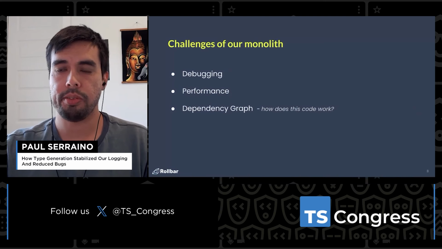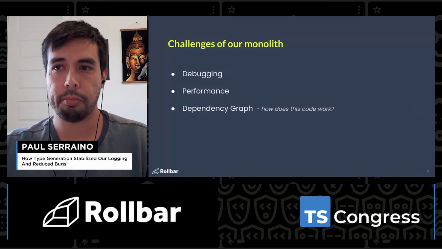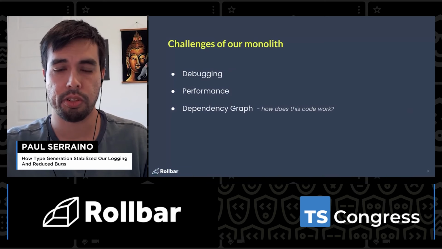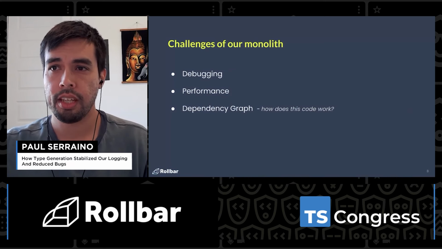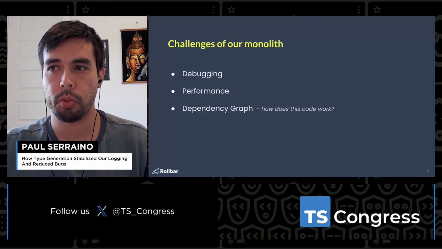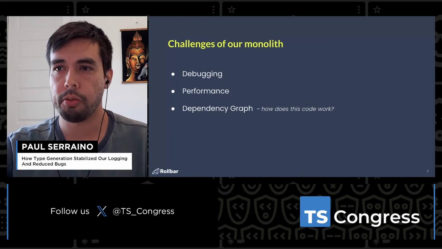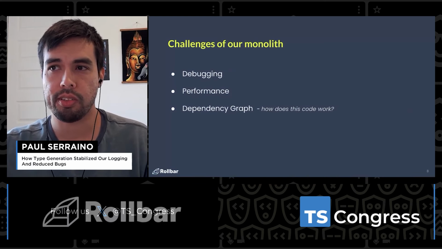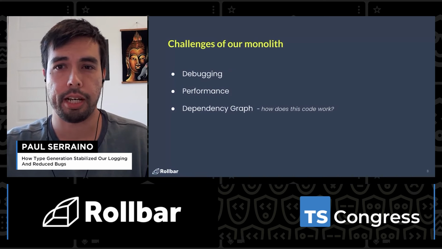Some of the challenges that we experience with working in our monolith application have been debugging has been a big challenge because there's a lot of code that you have to read through to fully understand the root cause of certain issues. We use Rollbar ourselves to triage issues, and while the grouping features that Rollbar provides are nice, we still find it difficult to root cause some parts of the code base that are really complex.